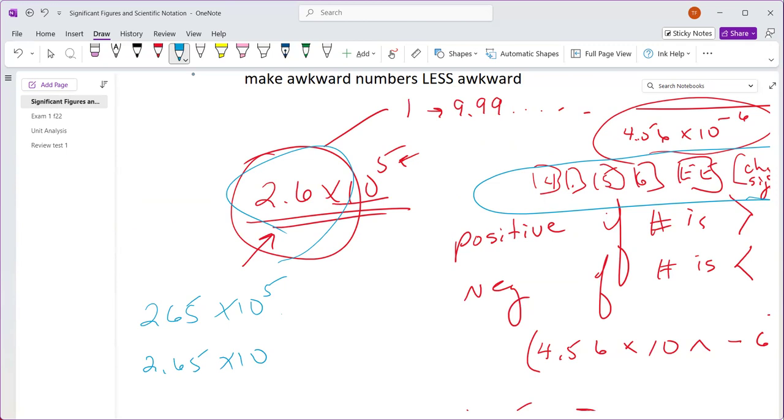Dividing. Dividing by 100. Okay, so if we're dividing by 100, we have to multiply by 100 over here, which is 2 decimal places. And we can't change the value of the number. We just have to name it correctly within the scientific notation parameters.